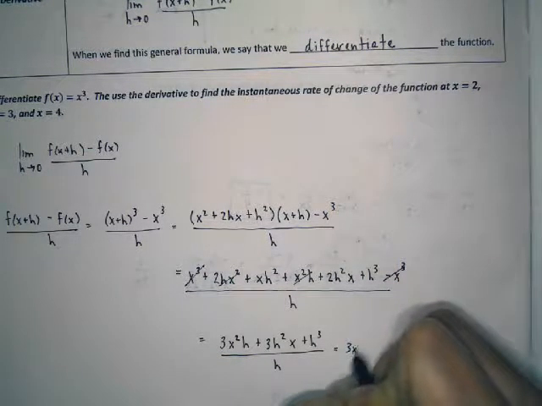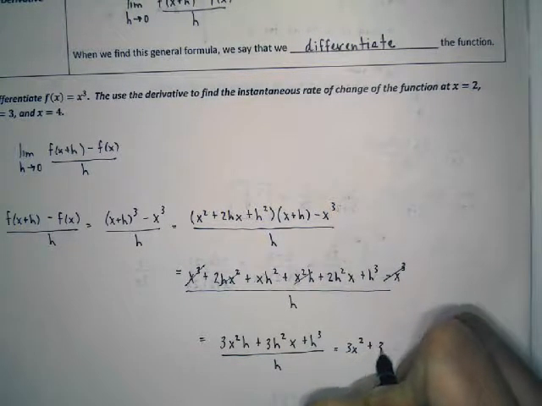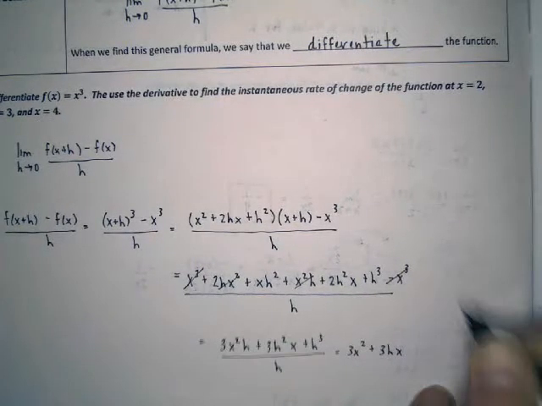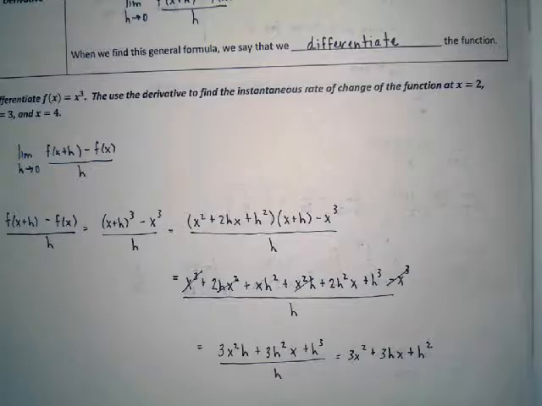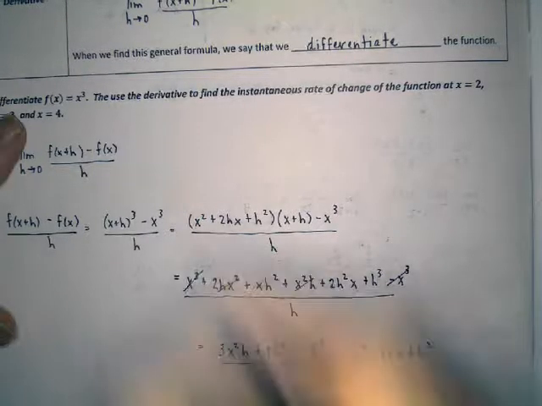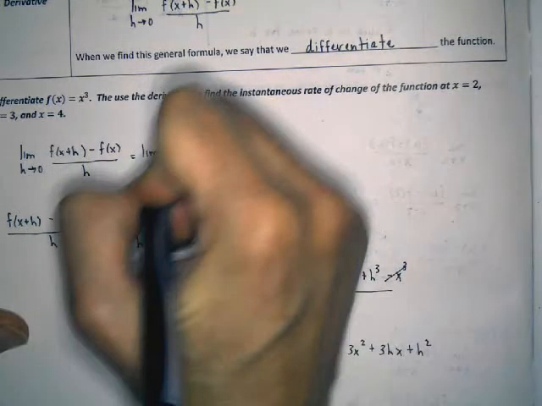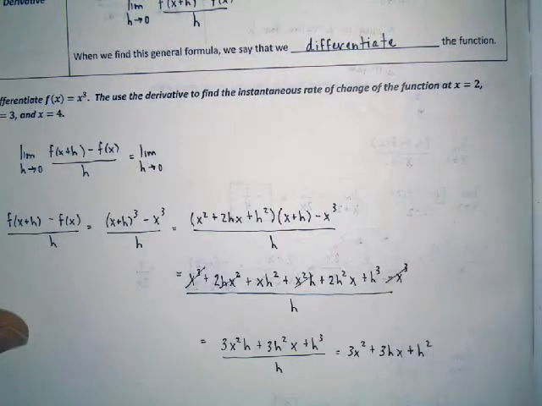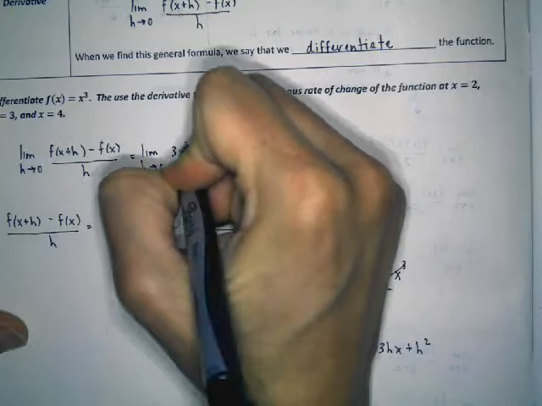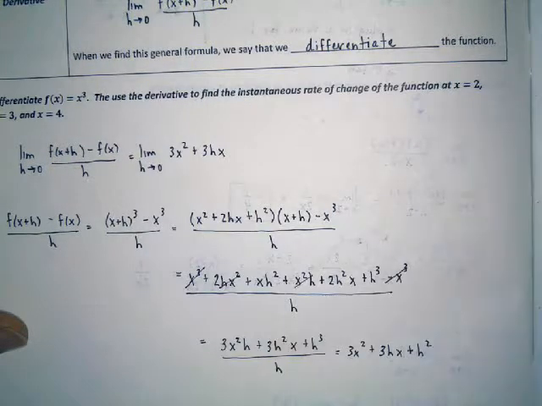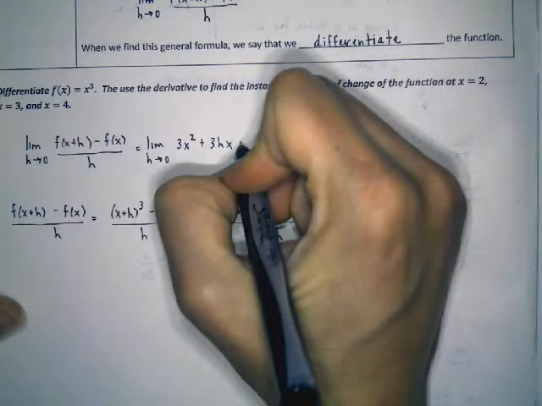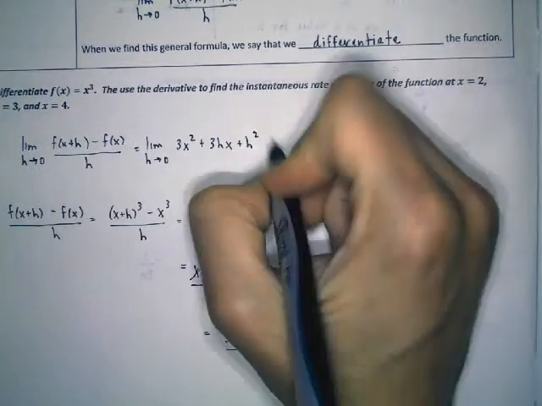And I've got 3x squared plus 3hx plus h squared. So now we need to go back and plug that into our limit. So I have the limit as h approaches 0 of 3x squared plus 3hx plus h squared.